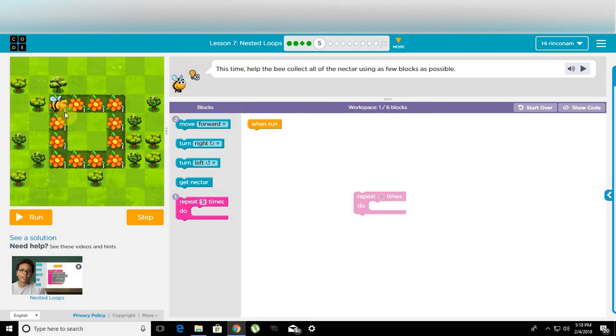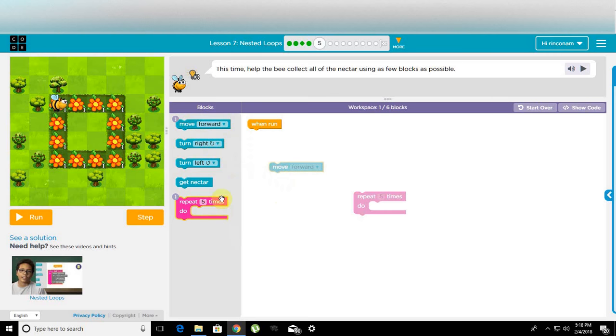If I don't pick up this very first nectar that my bee is standing on top of now, I know that I have to pick up 1, 2, 3. So if I can figure out the pattern for picking up these 3, I might be able to repeat that process multiple times for the rest of the puzzle.